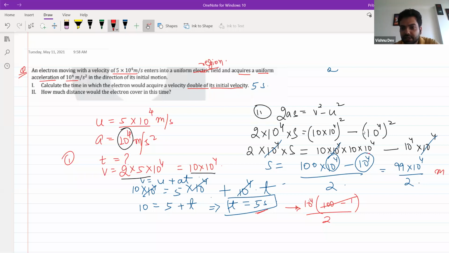Yes, Akash, just put the values 5 into 10 to power 4 and calculate the result. Yeah, because the initial velocity is 5 into 10 to power 4. I was just showing how to rule out the factor of 10 to power 4 from all the sides. So if we calculate the result, let us see how much we are getting.